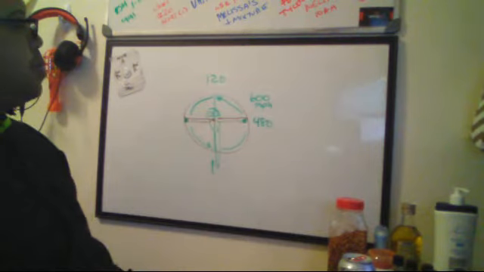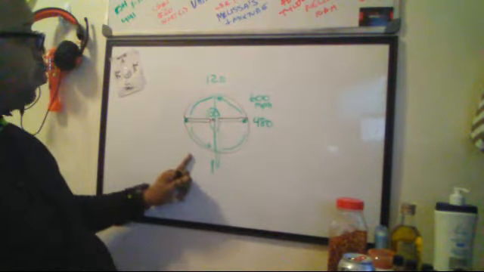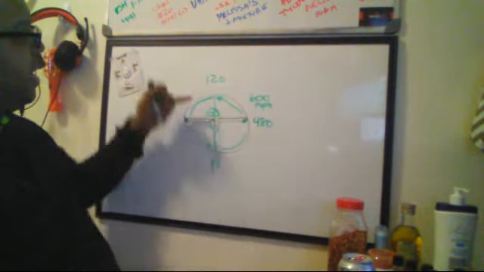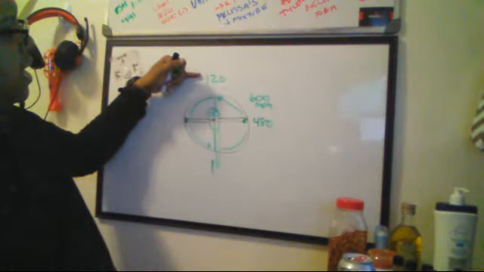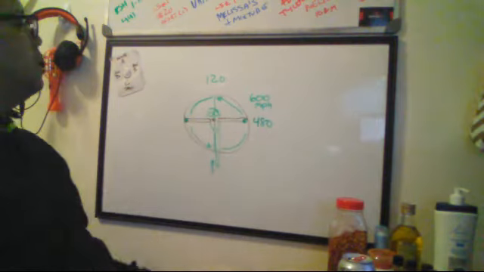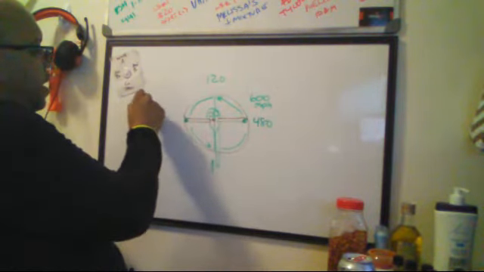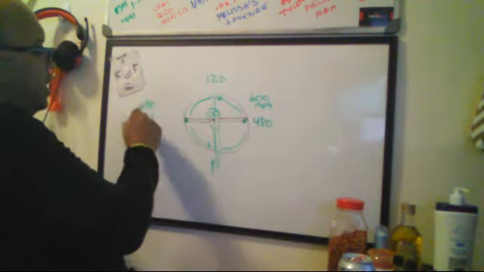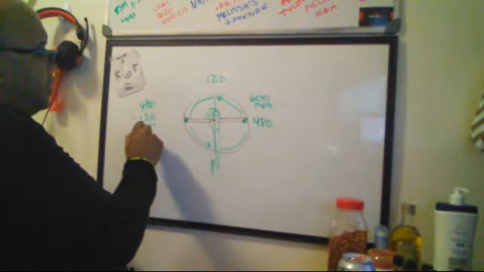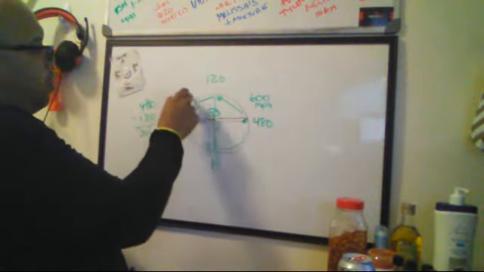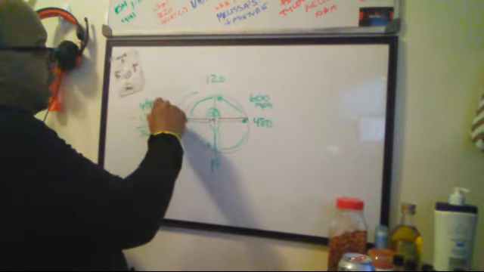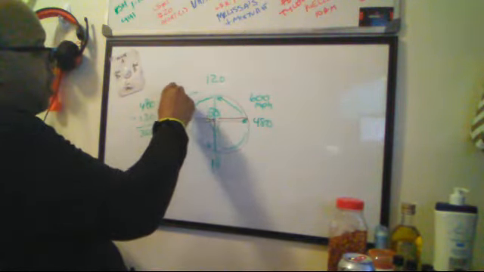And when it swings this way, it's kind of being counterbalanced by the forward motion. So let's see, 480 minus 120, 360. So it will be moving backwards at about 360 miles per hour.